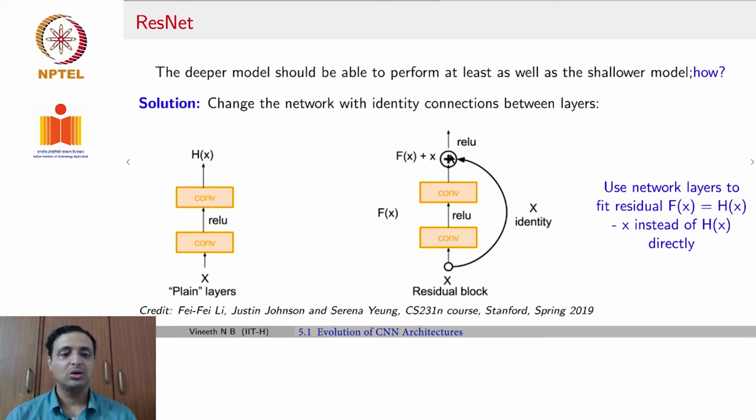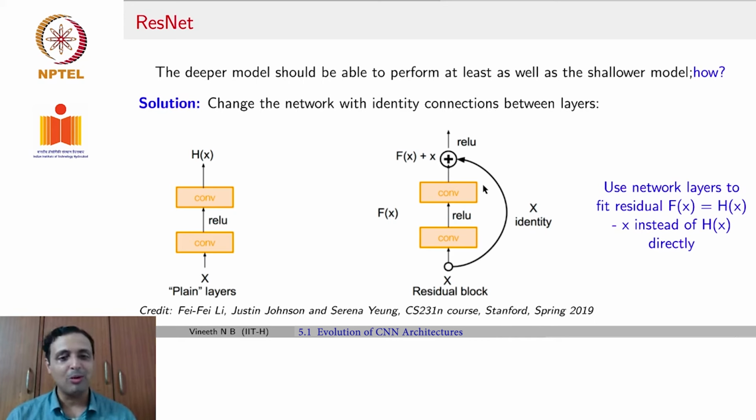Which means what was originally the function H of X now becomes F of X, which is the new transformation that happens through these layers, plus an X that comes directly here and gets added at this layer after the conv. Each such block where the identity connections come back and add the original input is known as a residual block.